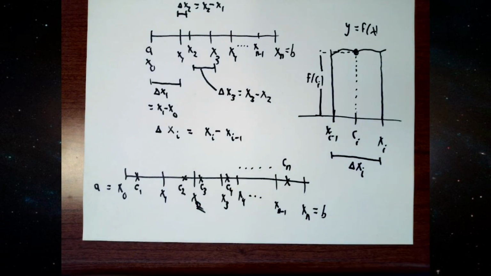If I want to know the area of a rectangle, it's just width times height. So f of ci times delta xi in this situation will approximate the area under the graph that goes with just chunk number i.